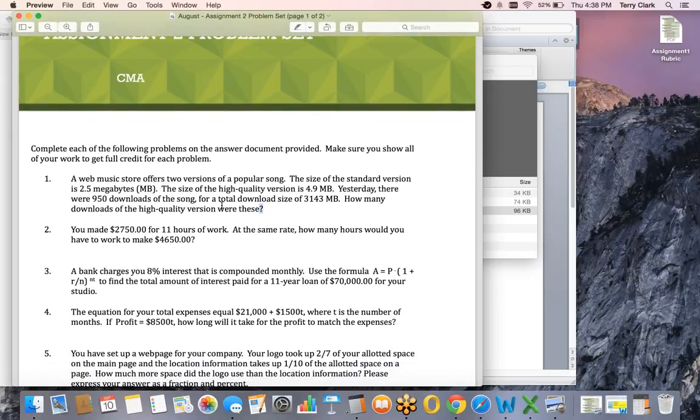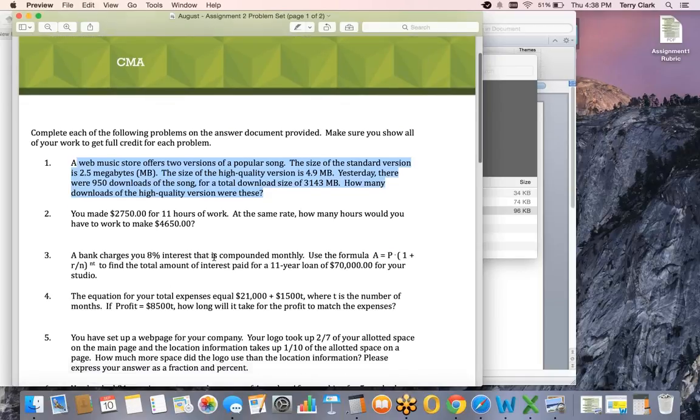Yeah, this first problem right here is going to be a system of linear equations. This one right here is a proportion problem.